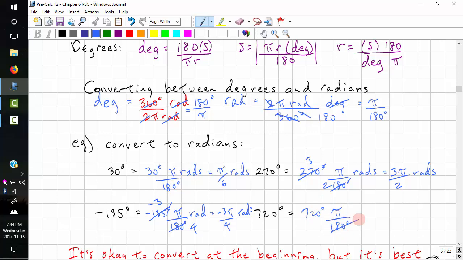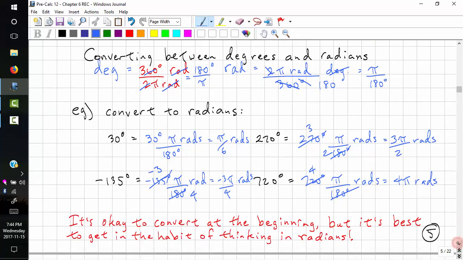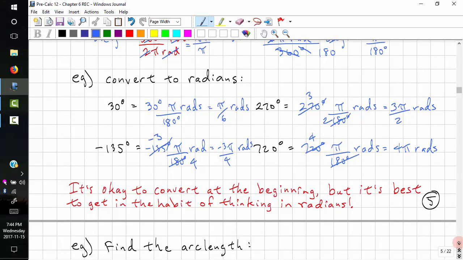Common factor is 180. This is 4. And radians. So we get 4 pi radians. As I mentioned before, it's okay to convert at the beginning, but it's best to get in the habit of thinking in radians.